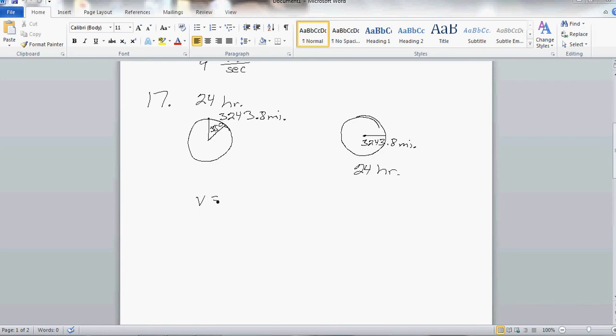V equals r omega. R in this case, the radius, is 3,243.8. And here we have to calculate: we are going one revolution every 24 hours.